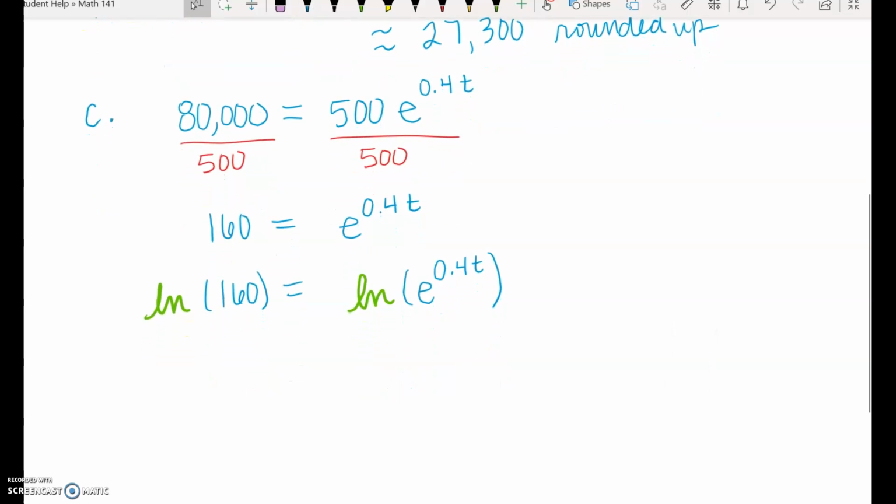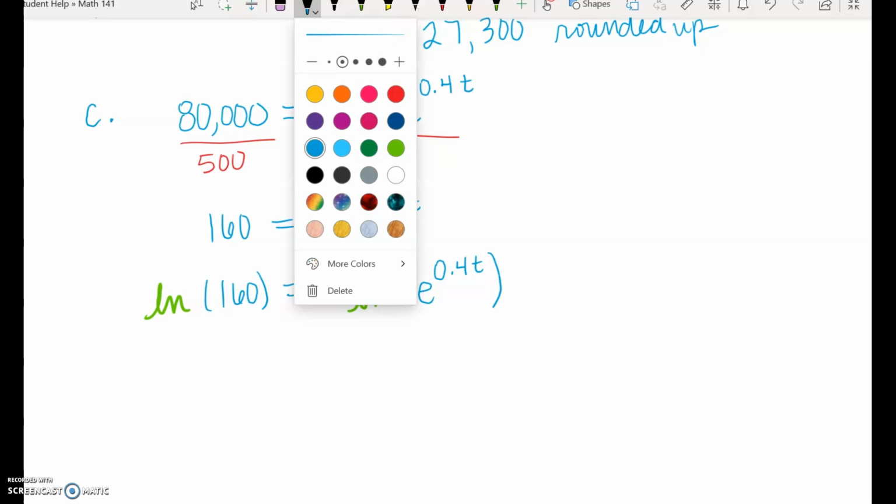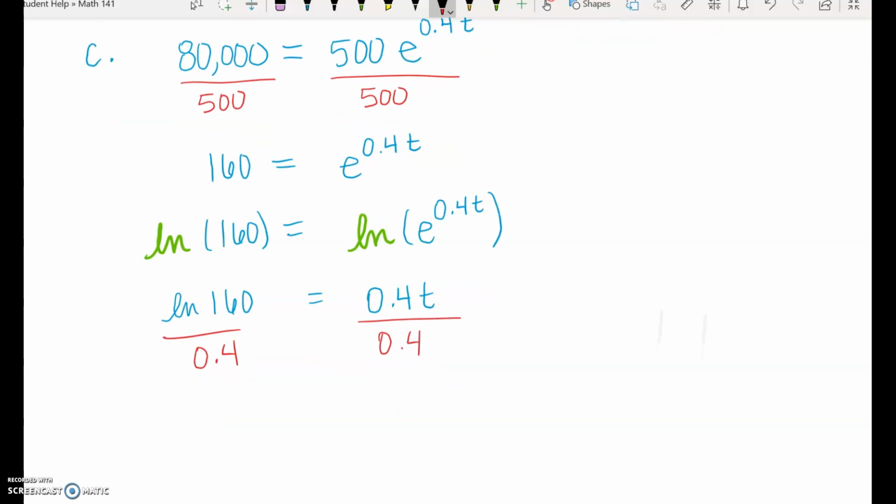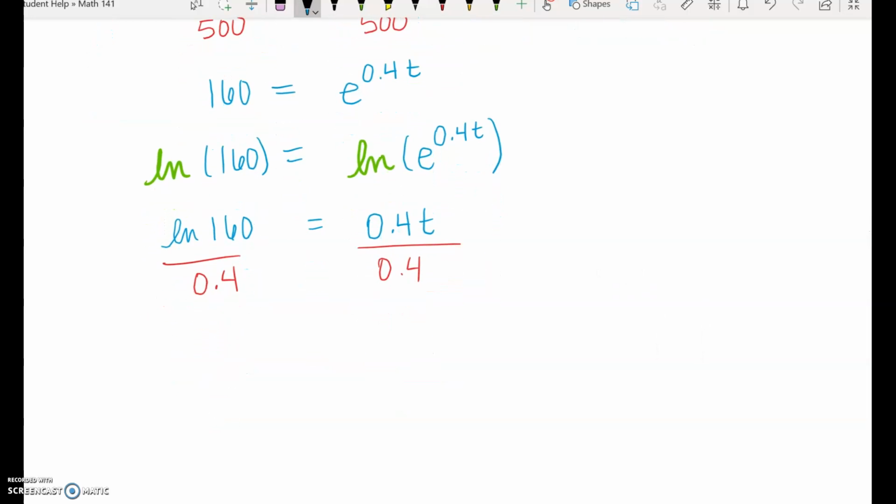And the nice thing here is that the natural log and e will cancel each other out, and we'll just be left with 0.4 times t and natural log of 160. And then we can divide both sides by 0.4 and plug this into a calculator to get our final answer.